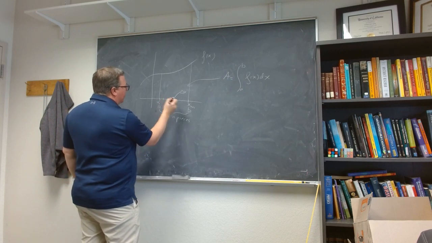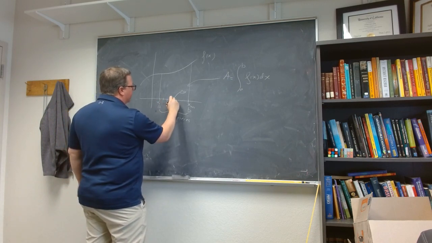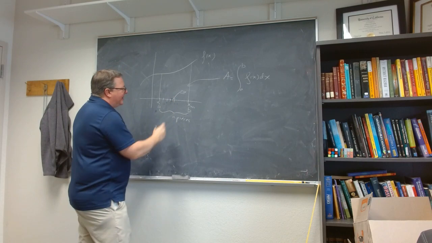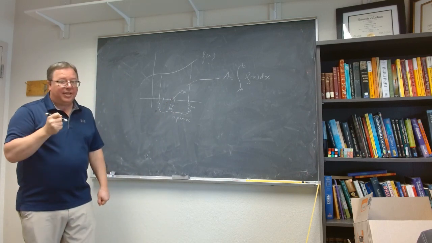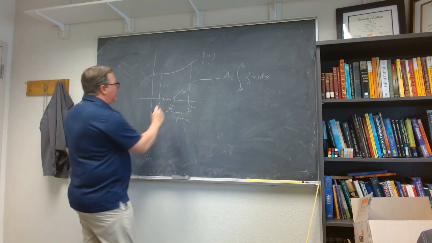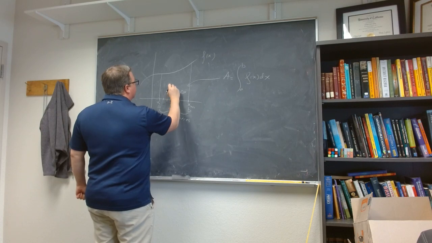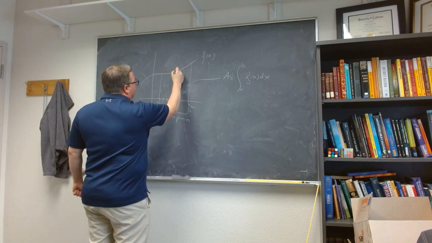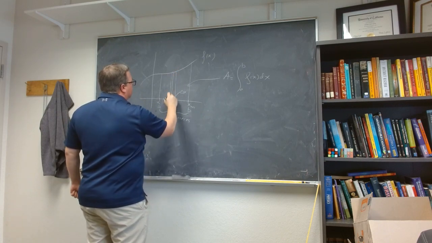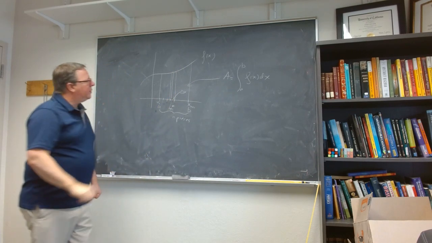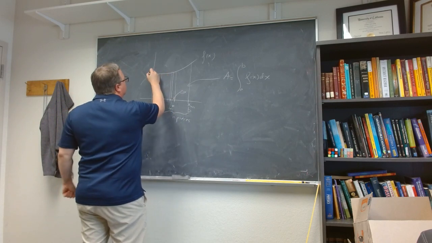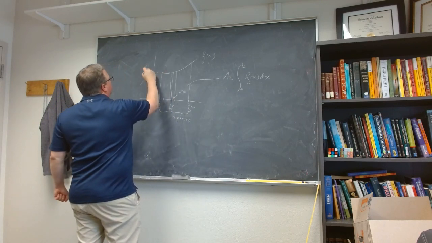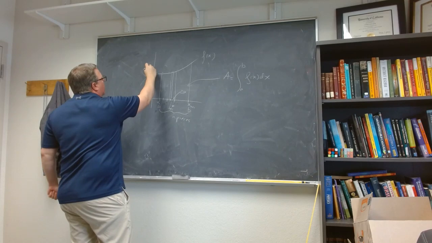And then for each one of these intervals, we chose a single point inside. I'm going to call it x sub i star as the representative of the ith interval. And then what we do is we build a rectangle over that interval to the height f of x sub i star.